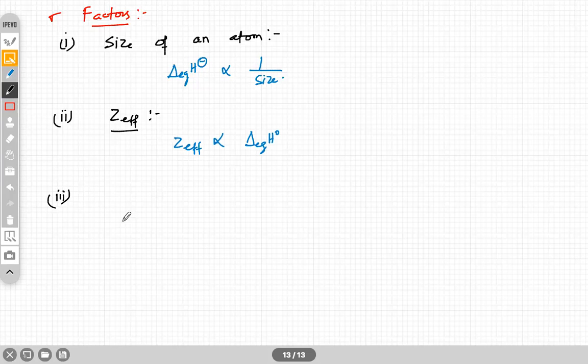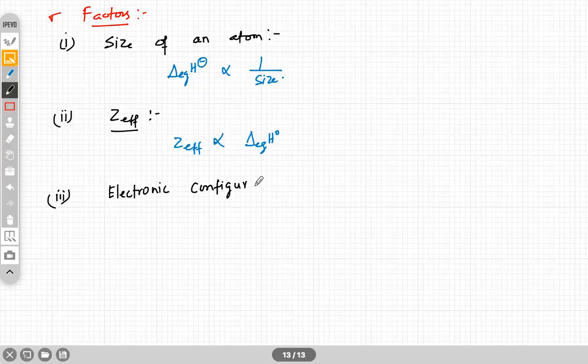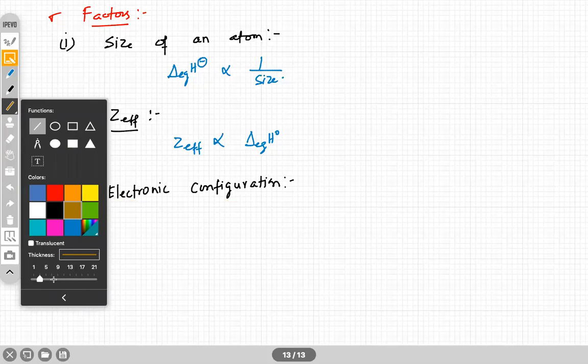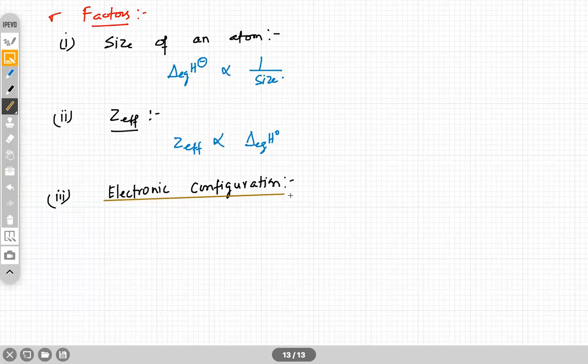Third one is electronic configuration. Write down: elements with half-filled or fully filled orbitals are more stable.